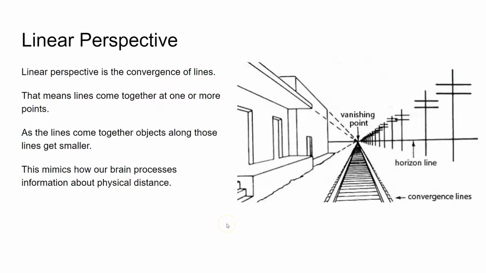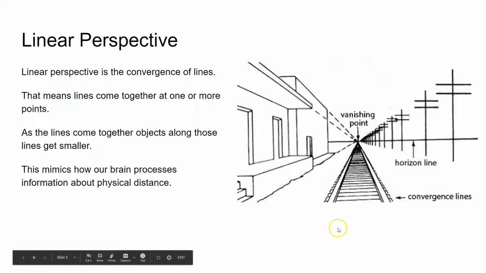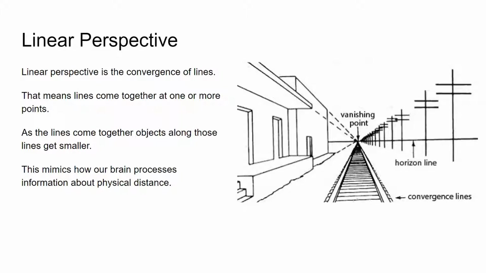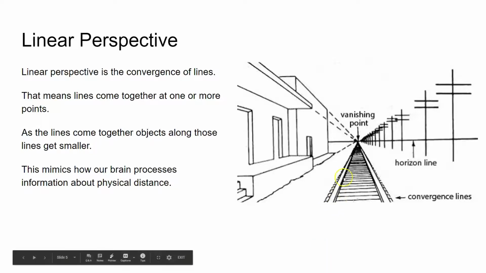Linear perspective is the convergence of lines. That means that the lines go together and they meet at a point. We know that, for example, the railroad tracks in the image, real railroad tracks stay parallel to each other, but the way we see things, they converge.